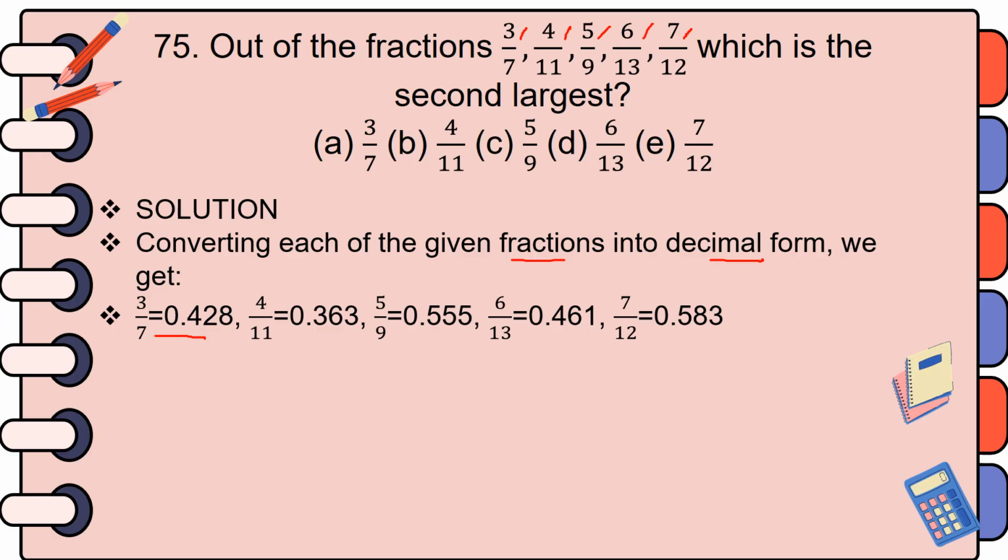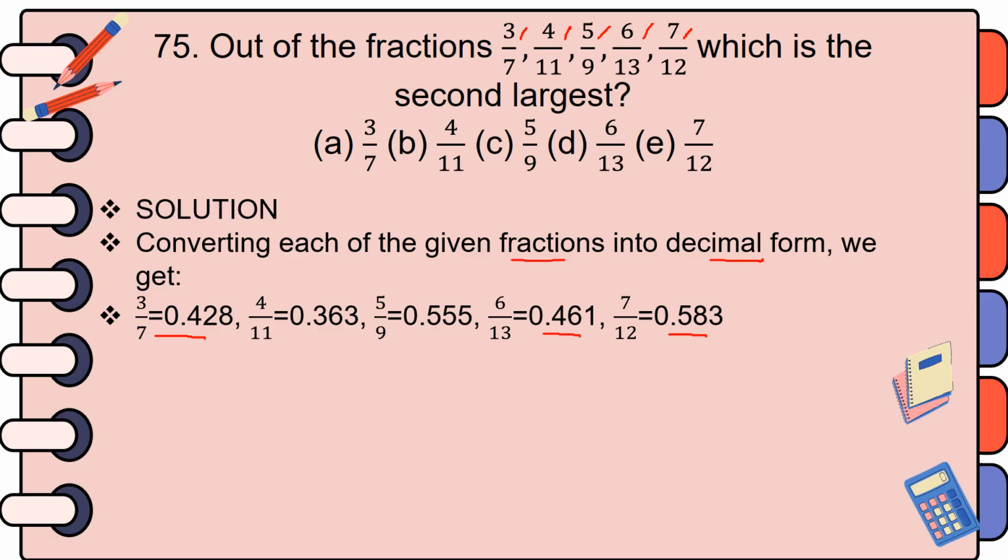Again, 6 over 13 is converted into its decimal form by dividing 6 by 13, getting a value 0.461, and 7 over 12 is equal to 0.583.